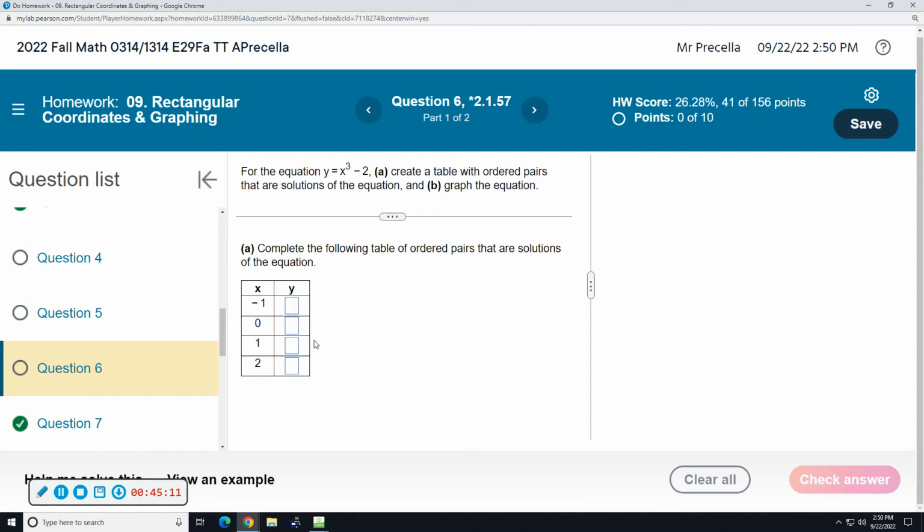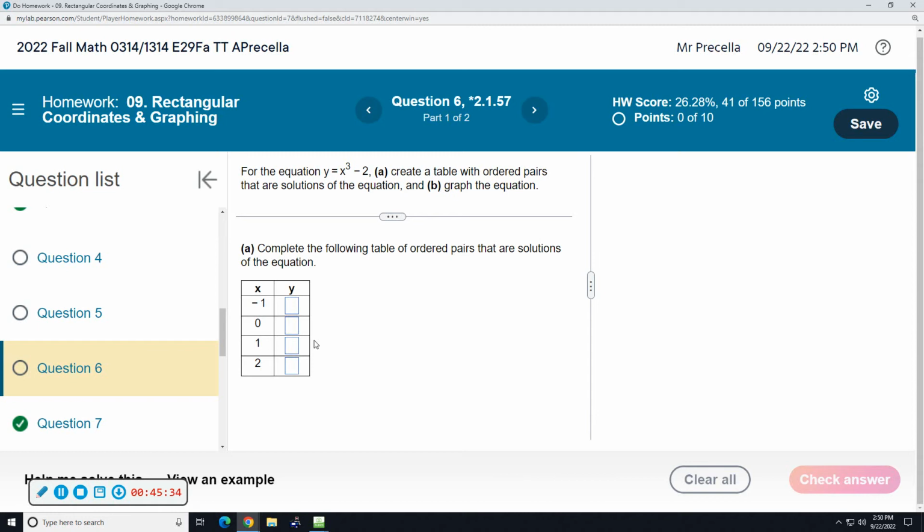Let me write this problem down. Number 6. So the equation is y equals x cubed minus 2. And we got our little xy table. So we have to plug in negative 1 for x. We have to plug in 0 for x.